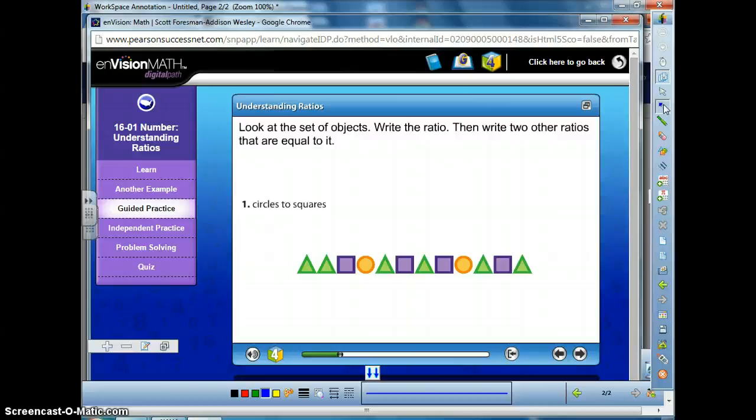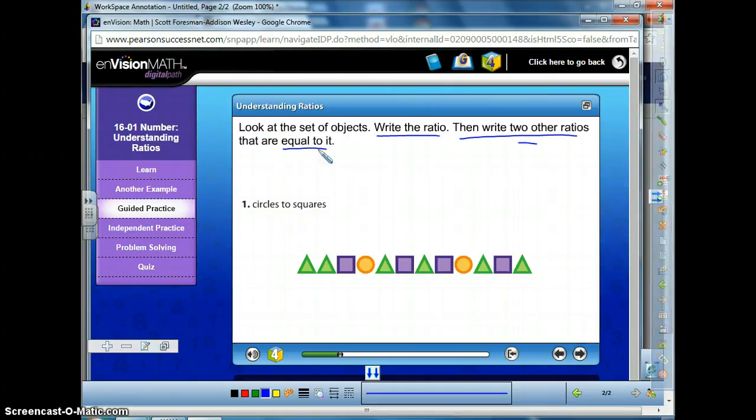This is understanding ratios. Number 1, look at the set of objects. Write the ratio. That's the first thing we have to do. Then write 2 other ratios that are equal to it. So all together we're going to do 3 things. Write the original ratio, then come up with 2 other equivalent ratios.